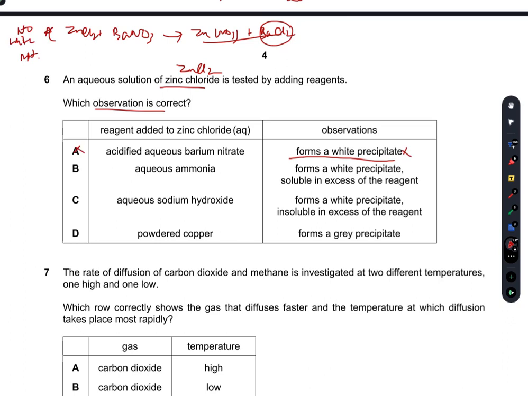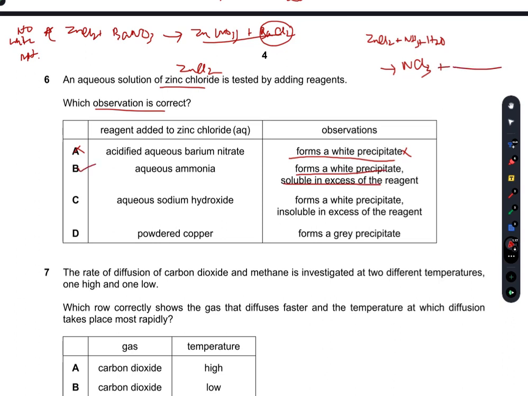When aqueous ammonia is added to ZnCl2, NH3 plus H2O, we get a white precipitate soluble in excess of the reagent. So yes, this makes sense, along with other products. So B is true.